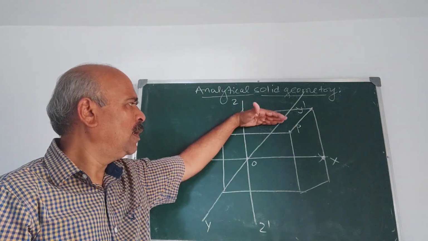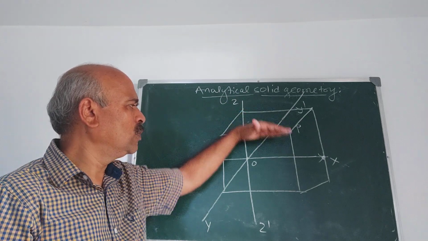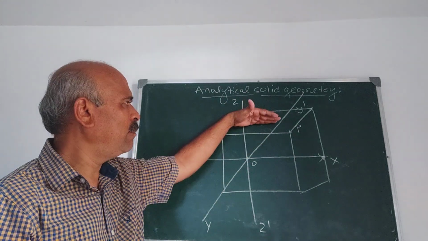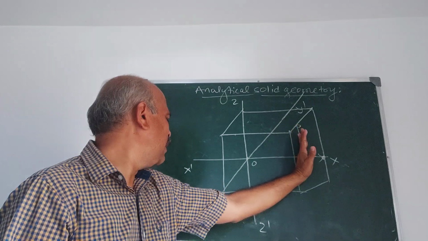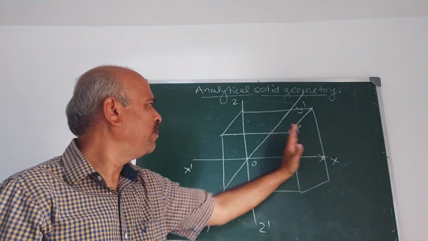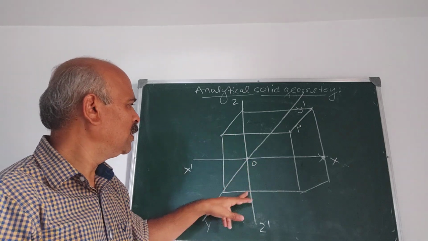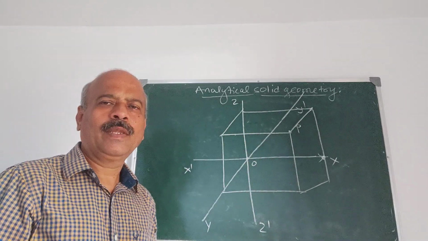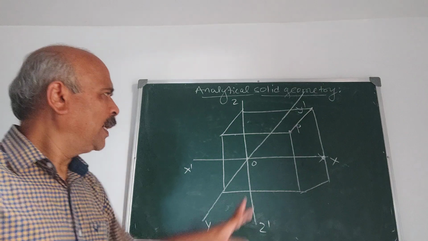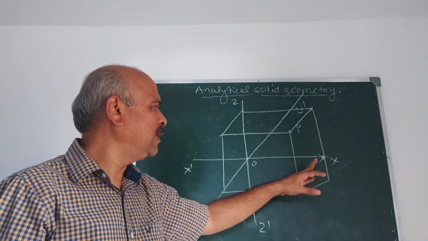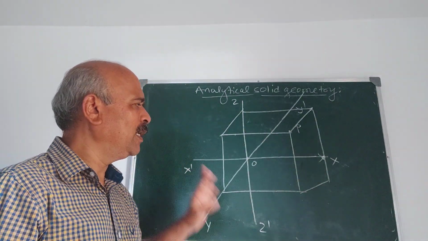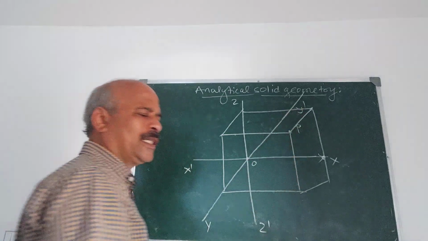We have drawn planes parallel to the coordinate planes: this is parallel to the XY plane, this is parallel to the YZ plane, and this is parallel to the XZ plane. I have drawn three planes here parallel to the coordinate planes and perpendicular to the axes.